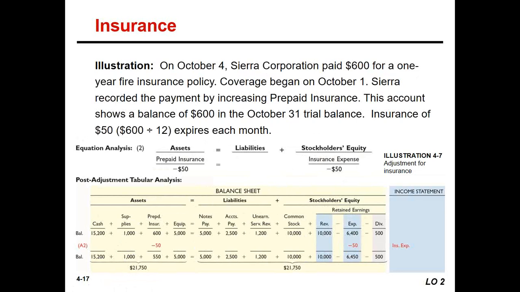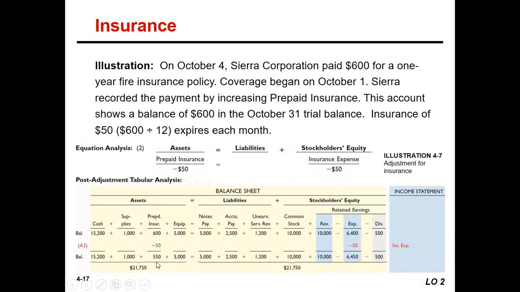We have used 1 month of that. So 600 divided by 12 says that our insurance cost us $50 each month. So we need to reduce our prepaid insurance and increase our insurance expense, which reduces our stockholder equity.